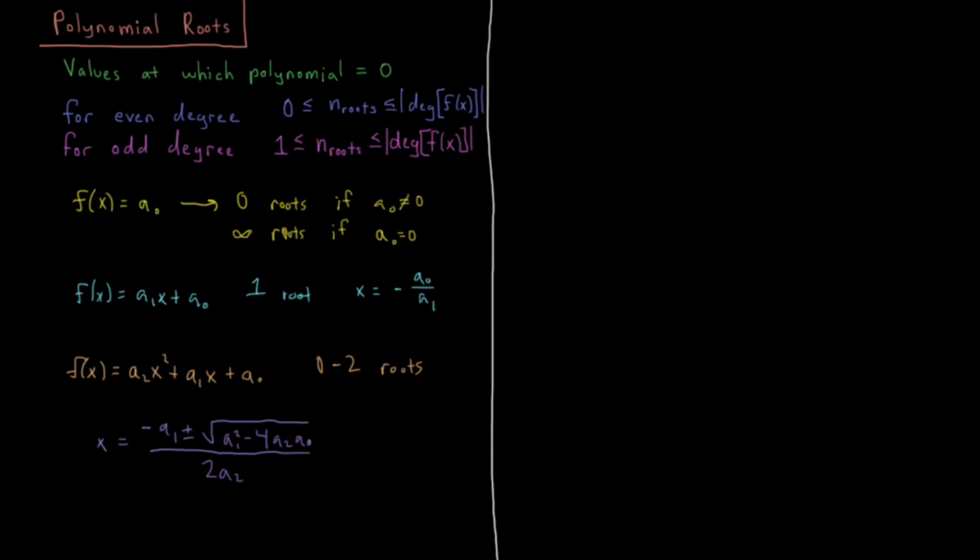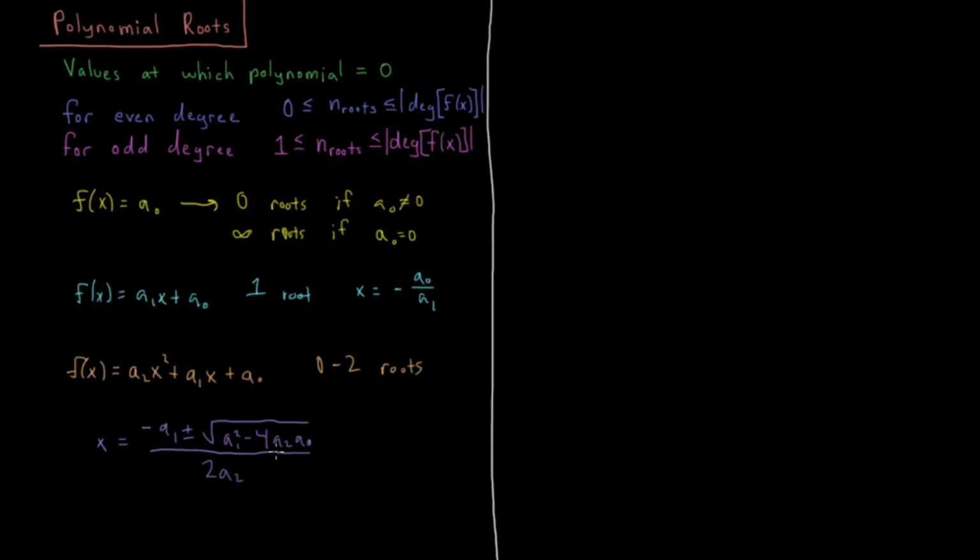Okay, so this is always going to give us either one or two solutions. If this value inside, what's called the discriminant, is 0, then we're going to get one solution. But there will either be one or two solutions, but they won't always be real.